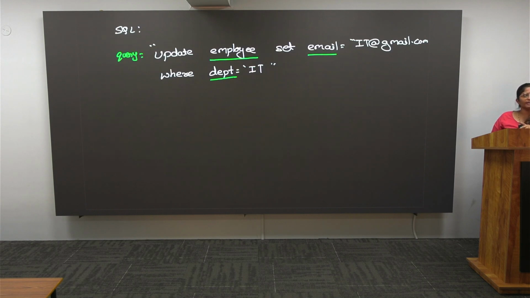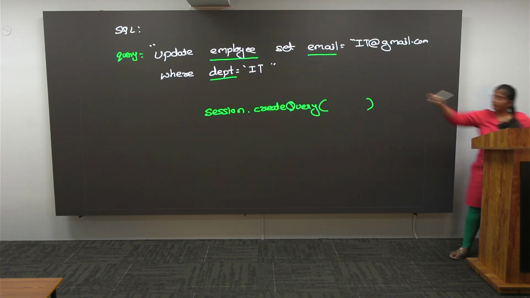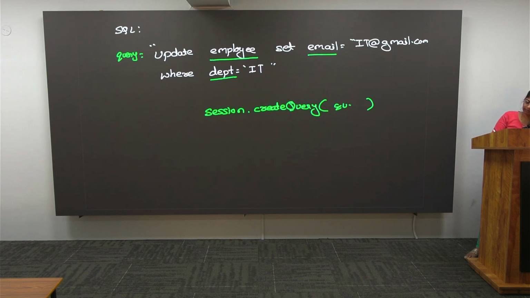I need to call a method called createQuery on the session, and whatever the query is, I need to pass it, and it is going to return a query object.